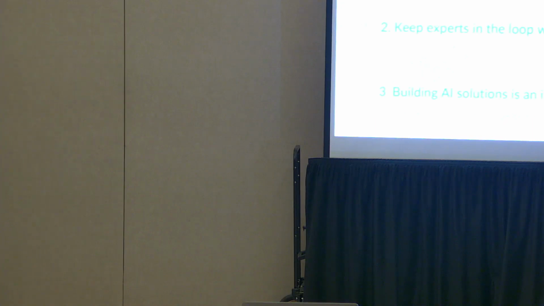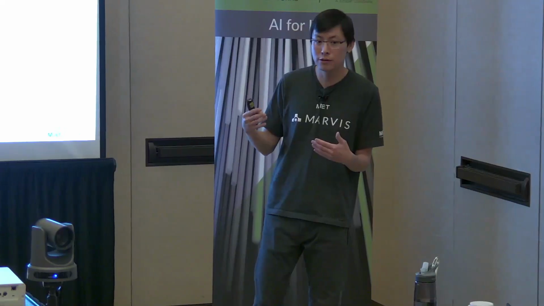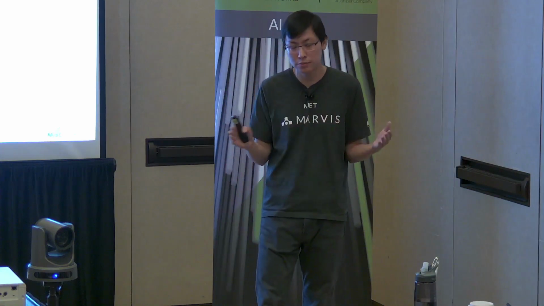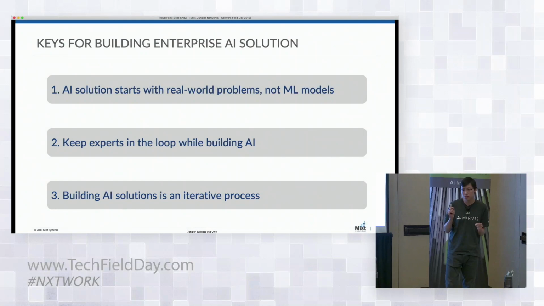Okay, last, I want to very quickly share some of the experience and the lessons learned from the journey of building Marvis. First, like I talked about in previous examples, AI solutions should start from solving problems rather than applying models. Some of our other AI vendors treat the AI more like a hammer, and they try to find the nails for the hammer.